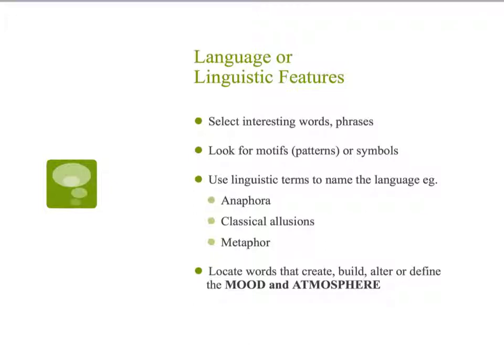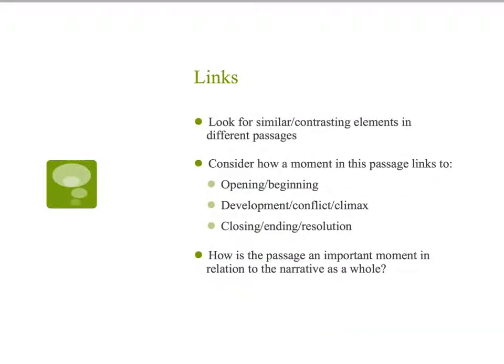Learn these words and practice recognising them. One of the most important elements of language analysis in literature is really trying to locate those words that create, build, alter or define the mood and the atmosphere of the text. This is really central to our interpretation.